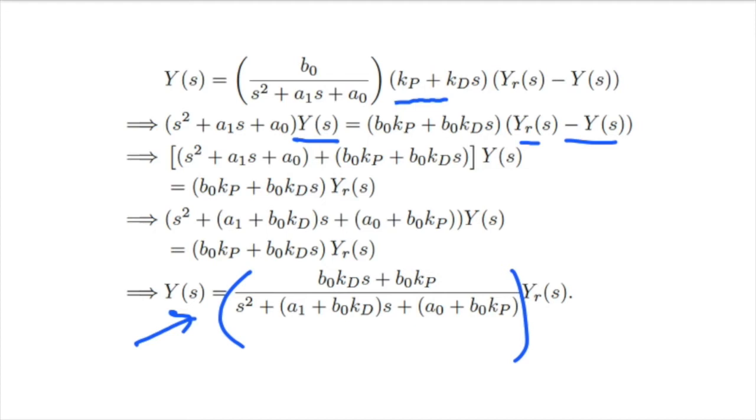Nothing major going on here. You are just separating terms with respect to YR, collecting coefficients of YR, collecting coefficients of Y, and then taking the ratio. So this is the new transfer function we have, the closed loop transfer function, which is the ratio of Y of S over Y reference S.